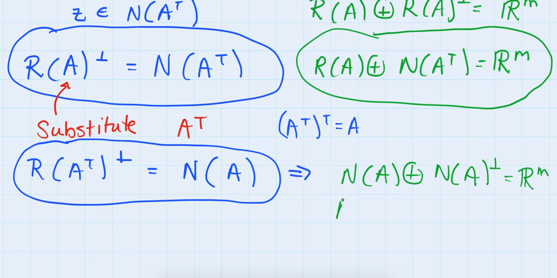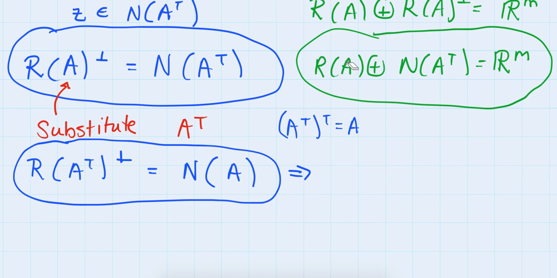So now we know that the range of A transpose plus the null space of A, that is Rn. I'm just plugging in A transpose here and A here.